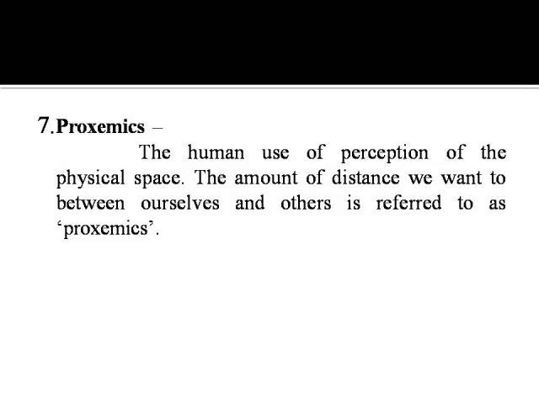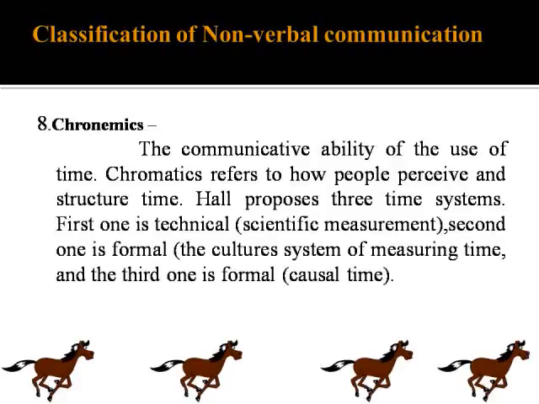Proxemics. The human use and perceptions of physical space, the amount of distance we want between ourselves and others, is referred to as proxemics. Chronemics. The communicative ability of the use of time. Chronemics refers to how people perceive and structure time. Hall proposed three time systems.